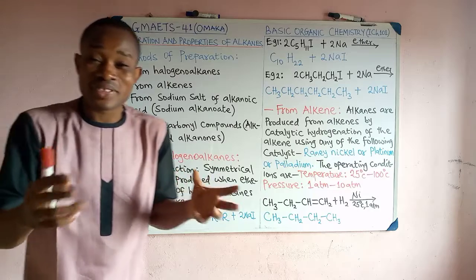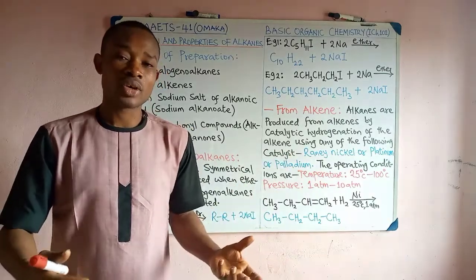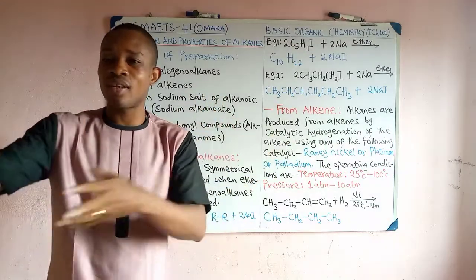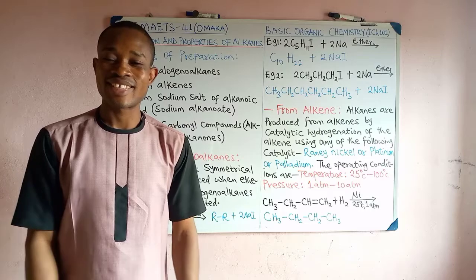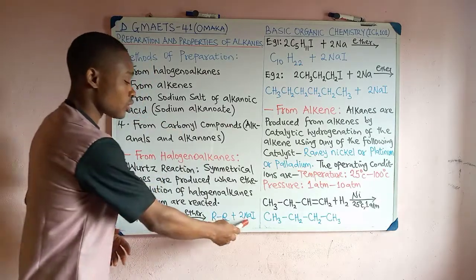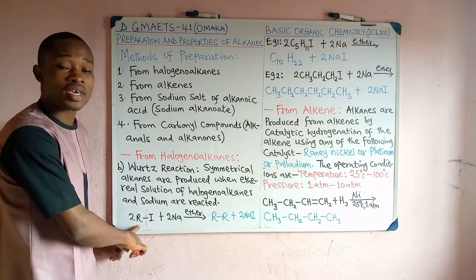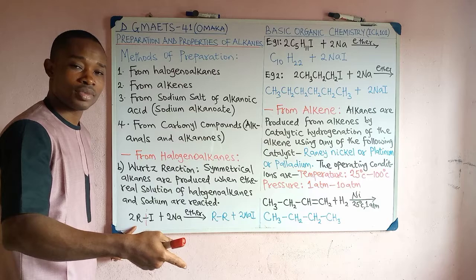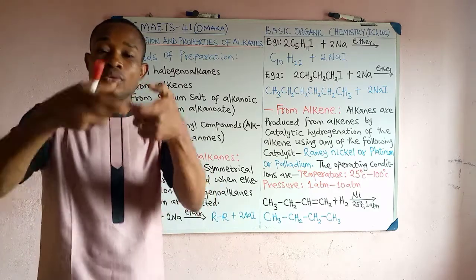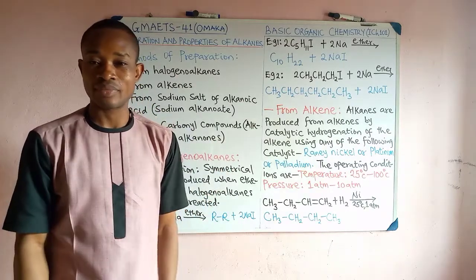So it's just the law of attraction. Opposite charges will attract. Once the iodine is picked by sodium, it gives us sodium iodide, 2 moles of sodium iodide. Now look at what's going to happen. The alkyl will be doubled, because of these 2 here. And when you have the same alkyl doubled, it gives you an alkane.